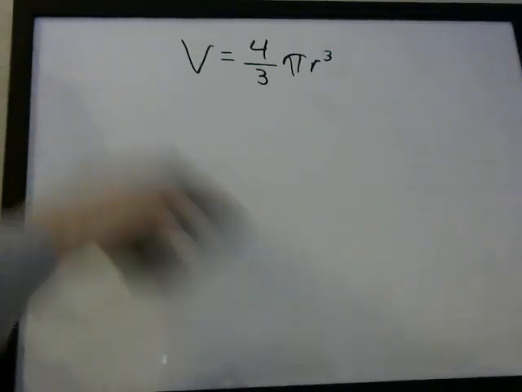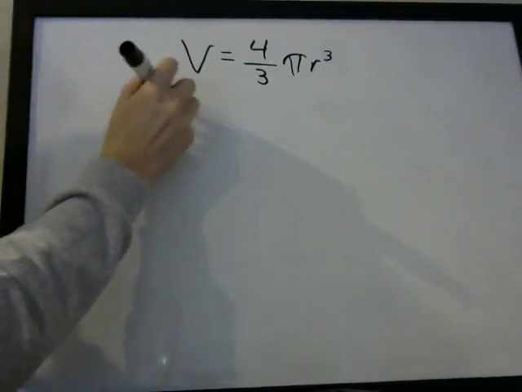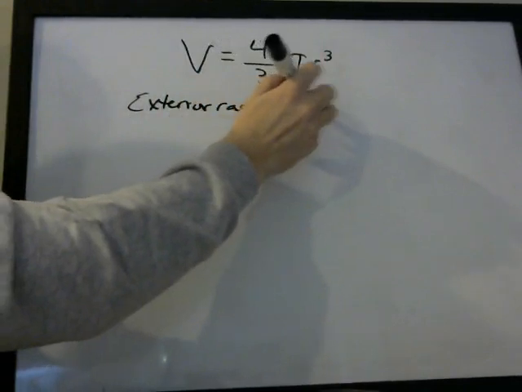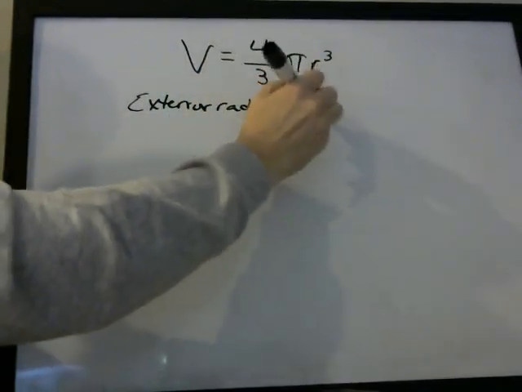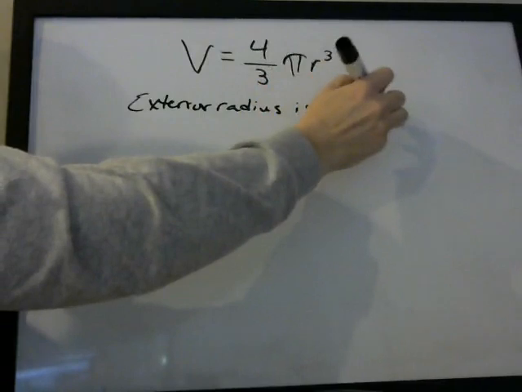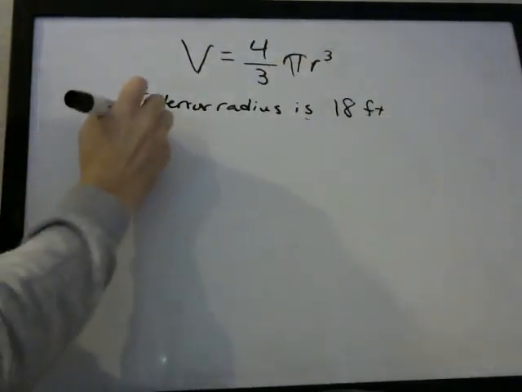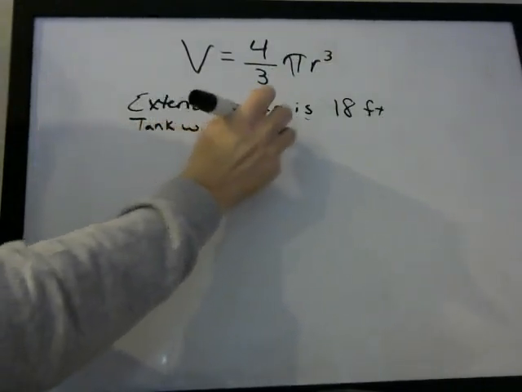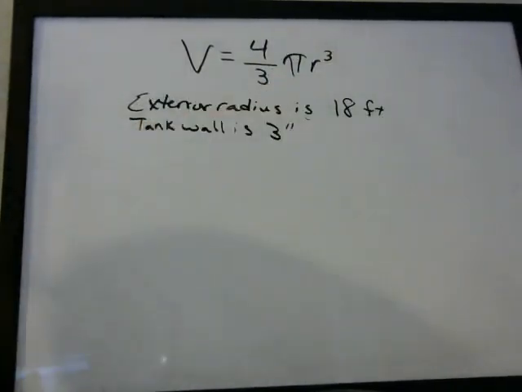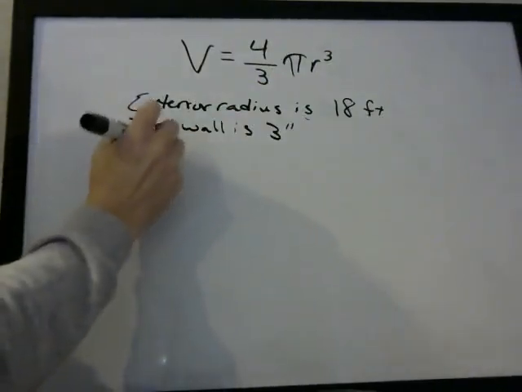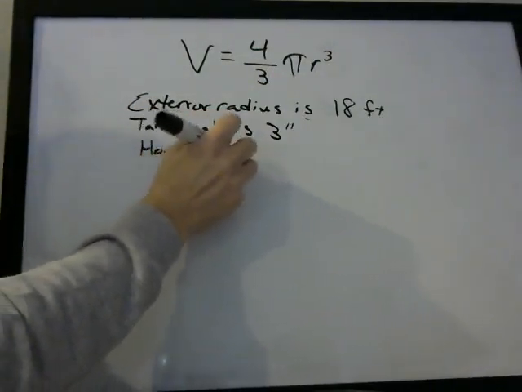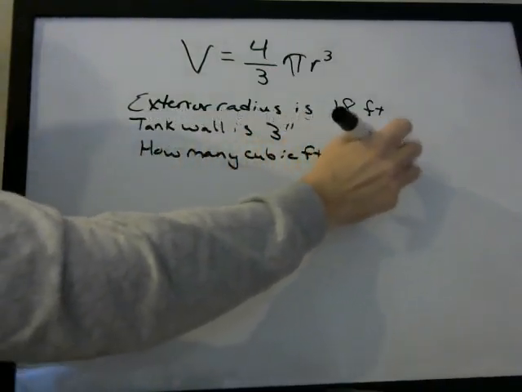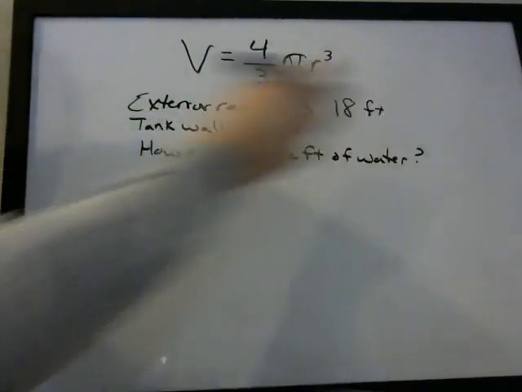But they're going to tell us that the exterior radius is 18 feet, but the tank wall is 3 inches. How many cubic feet of water can you fill that tank with?